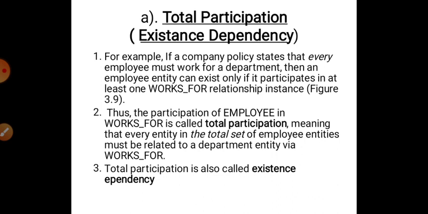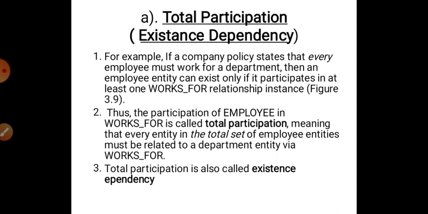Thus the participation of employee in the works for is called total participation, meaning that every entity in the total set of employee entities must be related to a department entity via works for.